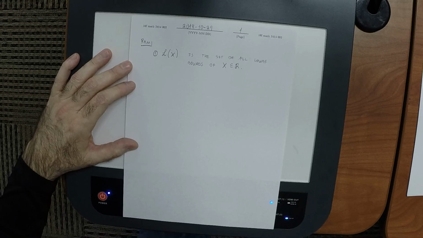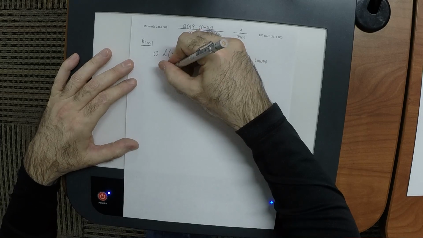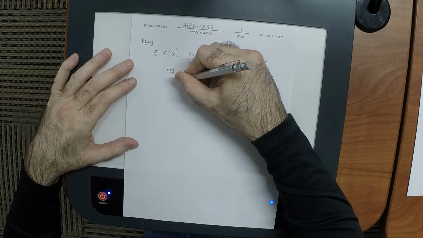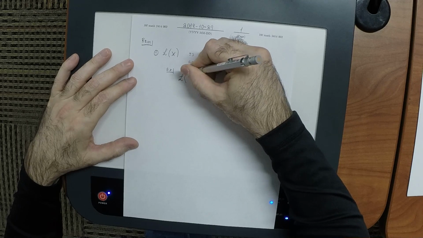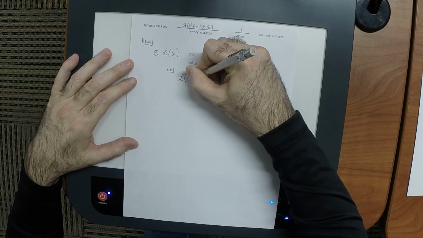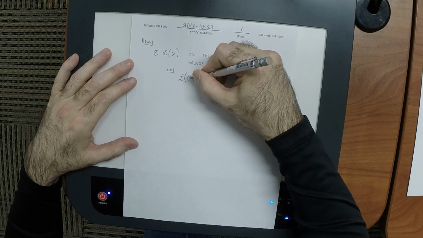And an example of that would be the set of all lower bounds of the set, say, 14 to 24, like that.